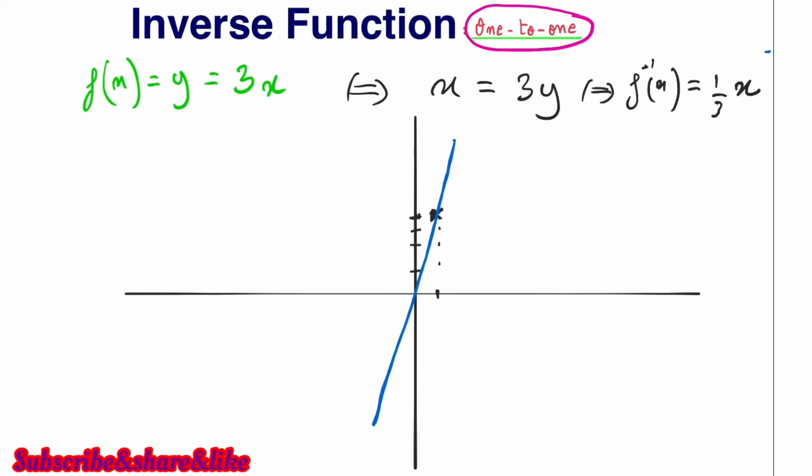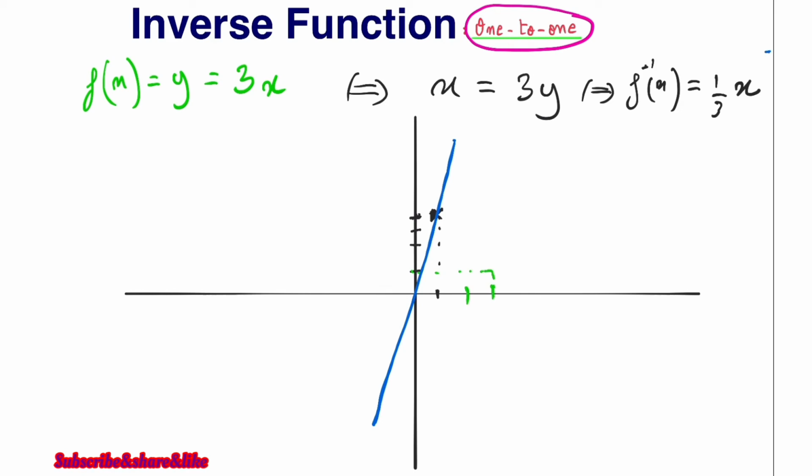And let's find another one. This graph is present, this one here, the f of x. Let's find the inverse of it, which is equal to 1 over 3x. When x equals 3, y will be just 1, since it's the inverse. Let's mark 1, 2, 3. It will be just 1 here.